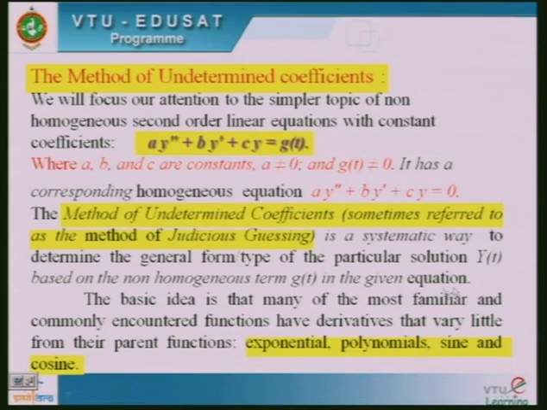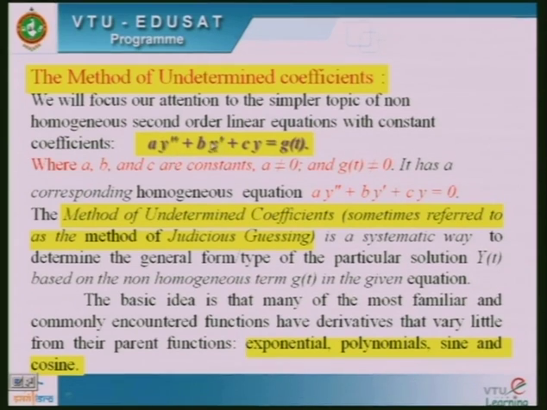Say, if I assume y of t is equal to something, then I have to obtain the second derivative and first derivative of the assumed solution, and substitute in the given equation along with the right hand side member. Our assumed solution may contain arbitrary constants. I will substitute in this equation, and after simplification I can obtain the arbitrary constants. Then finally I will substitute in the assumed solution.